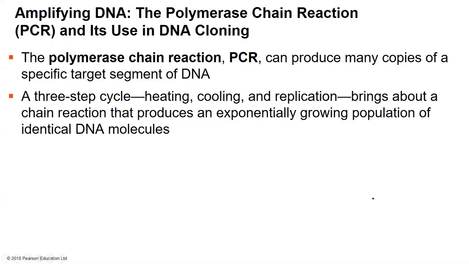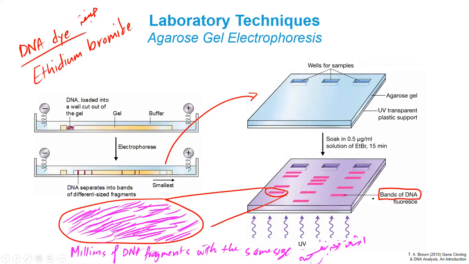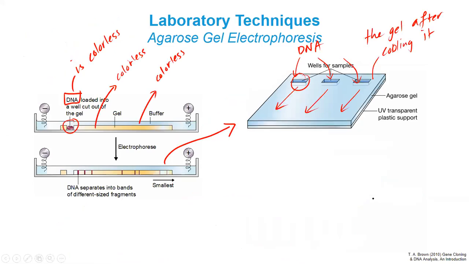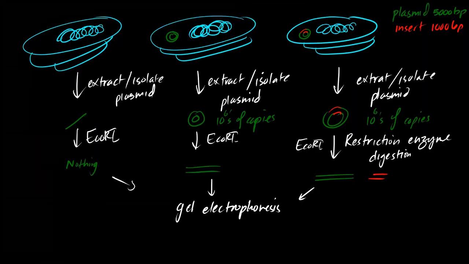When we do gel electrophoresis, on the gel, okay, let's call this bacteria A. This is bacteria B, this is bacteria C.